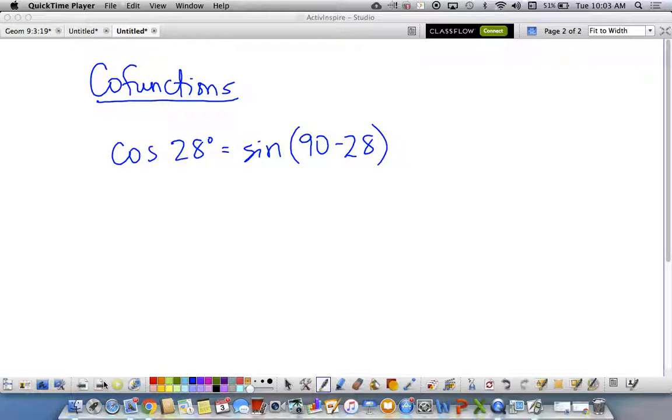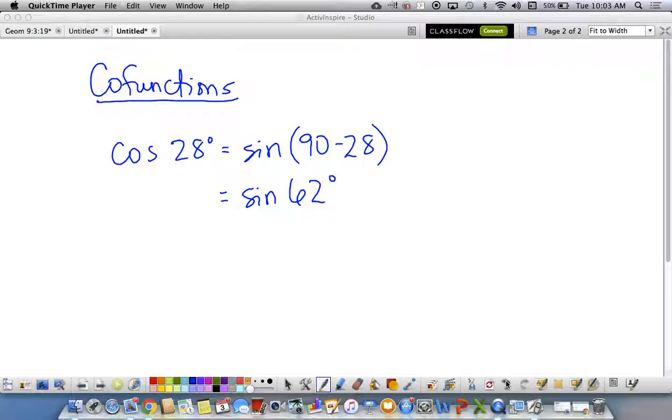Okay? So co-functions, you figure out which co-function cosine pairs with, sine, and you take your angle and subtract from 90. So cosine 28 is really sine of 62. So these two are equal.